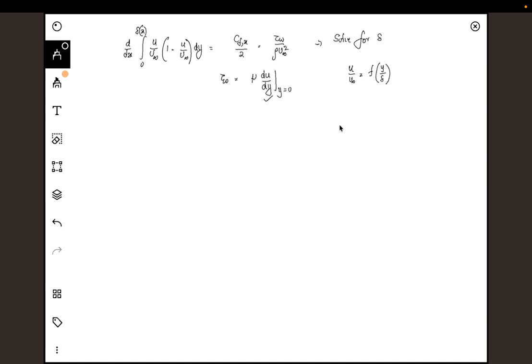But what happens now is when we have a turbulent flow, this equation cannot be written because, as we discussed just a minute before, we now have the effective viscosity, which is basically mu plus an additional turbulent viscosity term that comes into the picture.